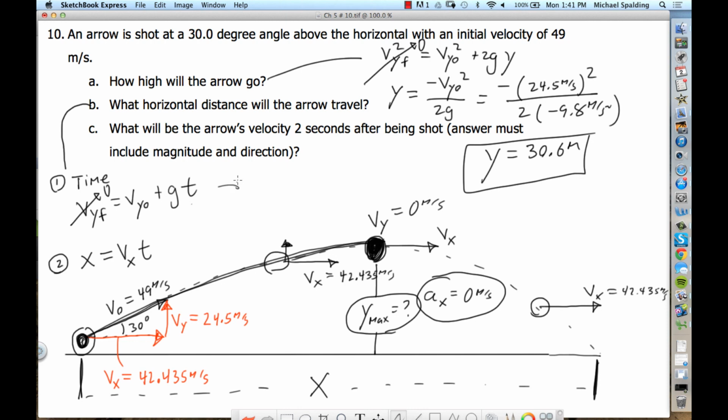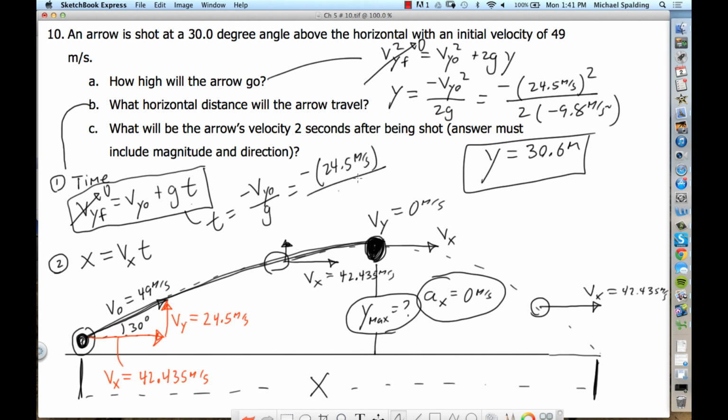So now you're left with, when you do the algebra, solve it for t. t is going to be equal to negative Vy initial over g. The initial y velocity is 24.5, and gravity is negative 9.8. So this comes out as 2.5 seconds.